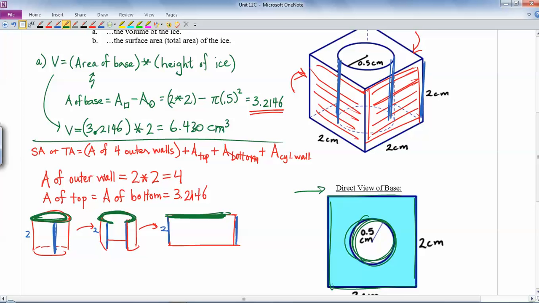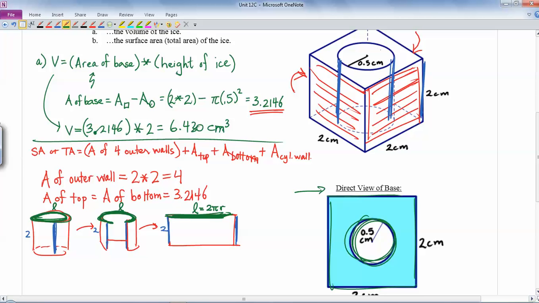So if I wanted the area of that cylindrical wall, I just need the area of the rectangle, and the green parts are all the same. So I'm going to call that L for length. Notice L is the same thing as the circumference, right? So this is actually 2 pi r.